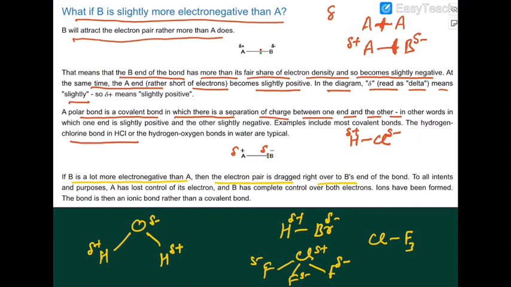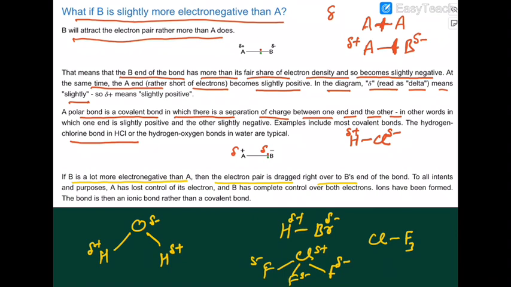So one atom will get some depreciation in electrons, the other atom will get an appreciation of electrons. The atom which gets an appreciation of electrons will be delta negatively charged, and the atom away from which the electrons are being dragged will carry the slight positive charge.